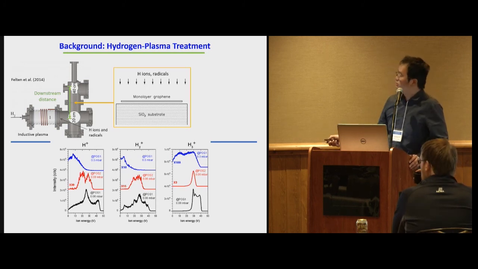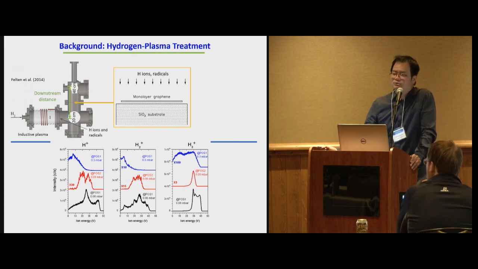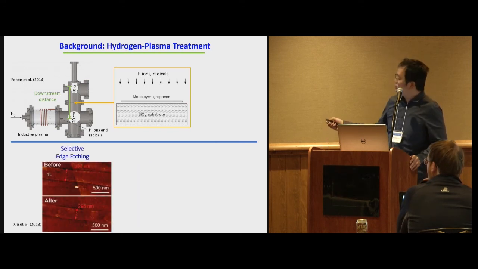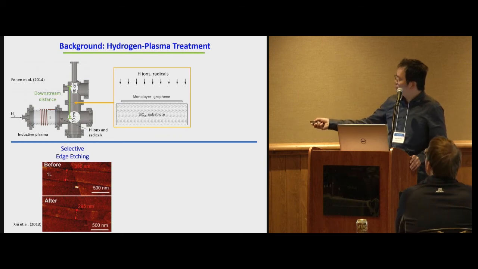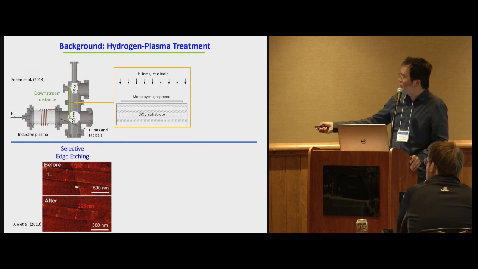These hydrogen ions and radicals interact with the graphene sheet, which is typically placed on an SiO2 substrate. The result is the potential for selective etching of graphene nanoribbons with no damage to the basal plane.